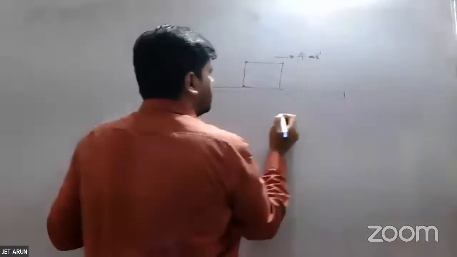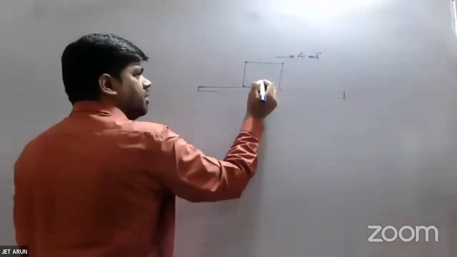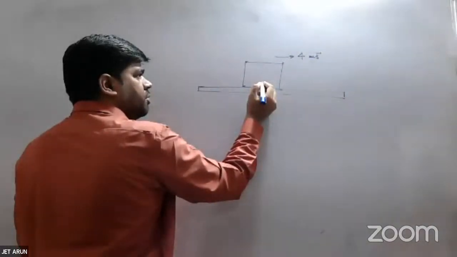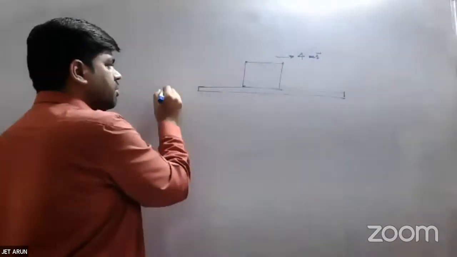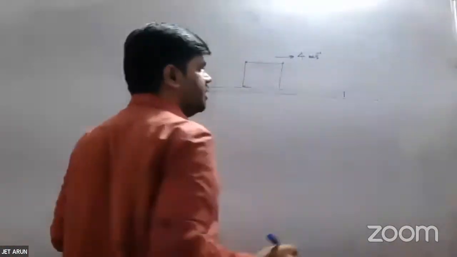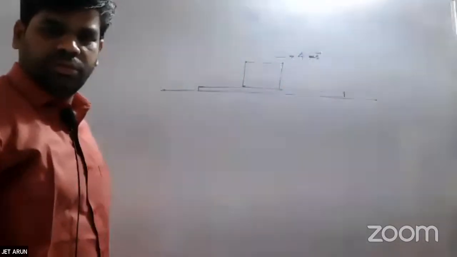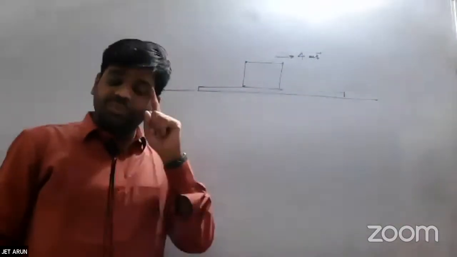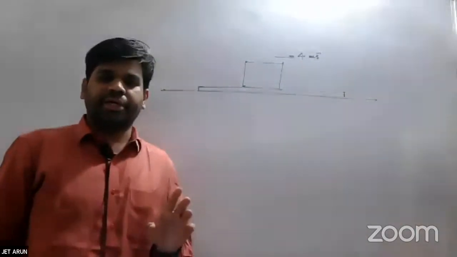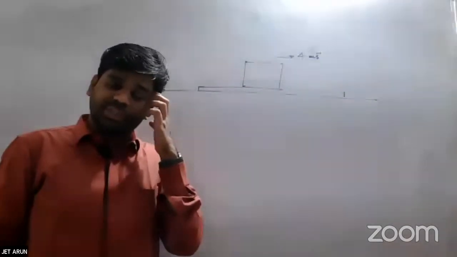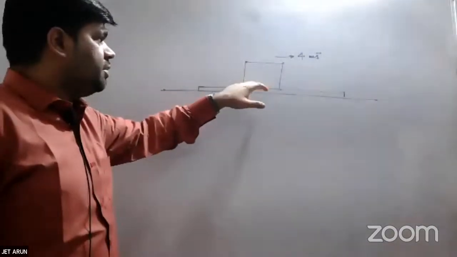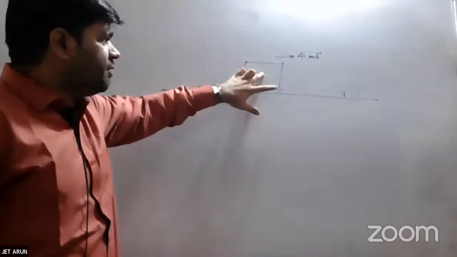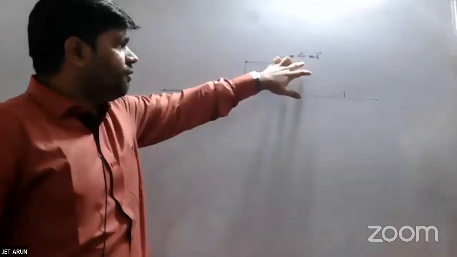So will the friction on the block be kinetic or static? The moment you see the particle is moving, the friction is going to be kinetic. Moving in the sense of moving with respect to the surface in contact. These two surfaces are in contact, and this block is moving with respect to the plank with a velocity of 4 meters per second.